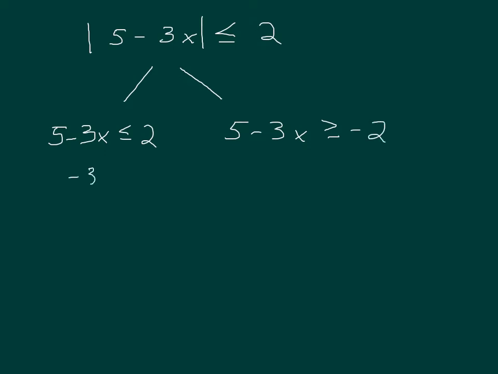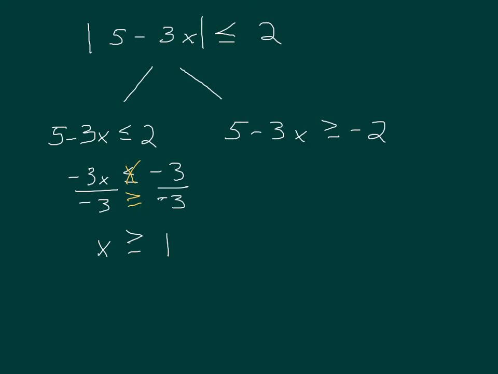So as we solve this, we subtract 5 from both sides, and then we divide by negative 3, and because it's a negative number, it reverses the direction of the inequality, so we're left with x is greater than or equal to positive 1.